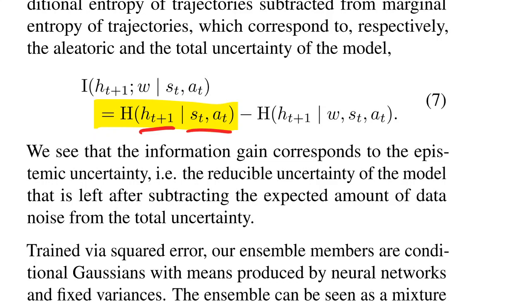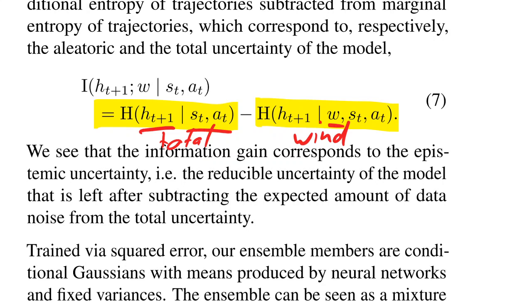Like if you drop a ball but you haven't learned that yet, that is also uncertain. So this is that part. This is the total uncertainty minus this right here. And this is the uncertainty if you know the dynamics, right? So this is the wind, basically, in the paper example.